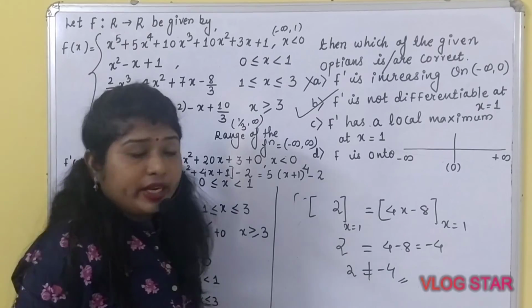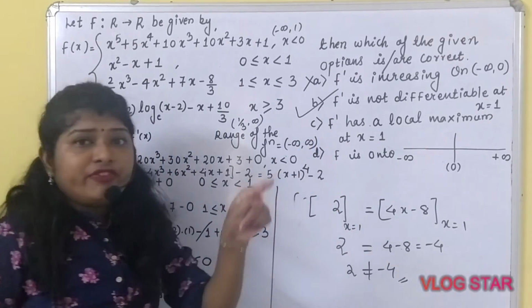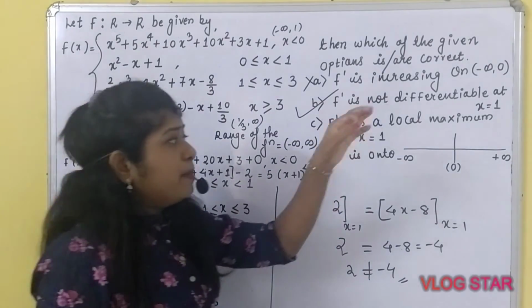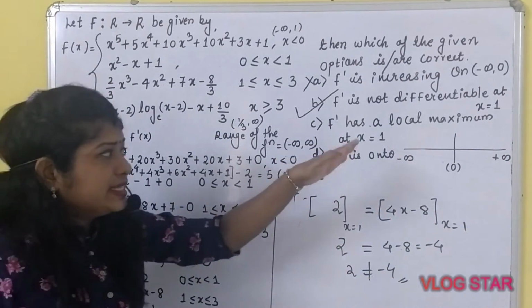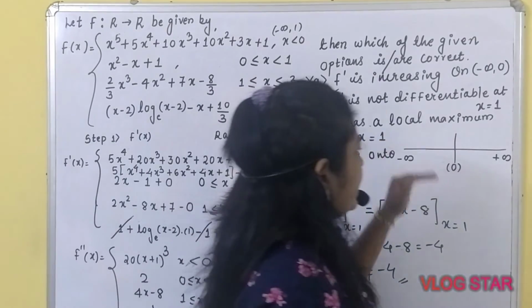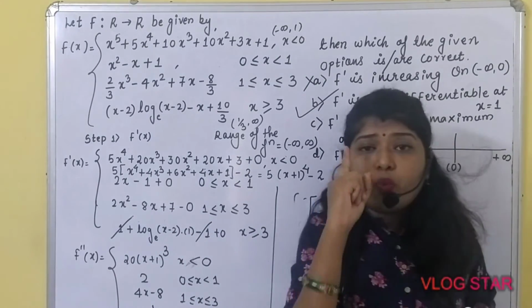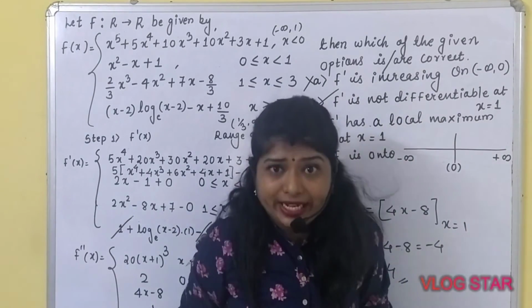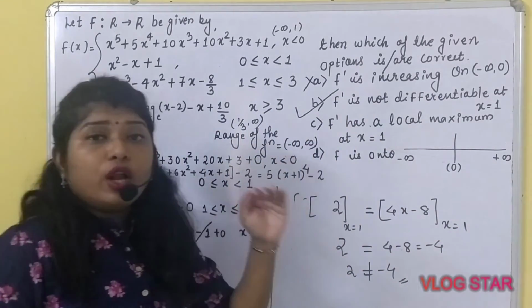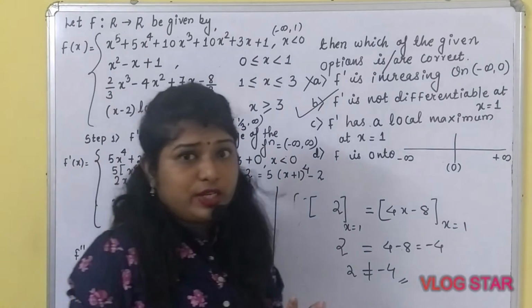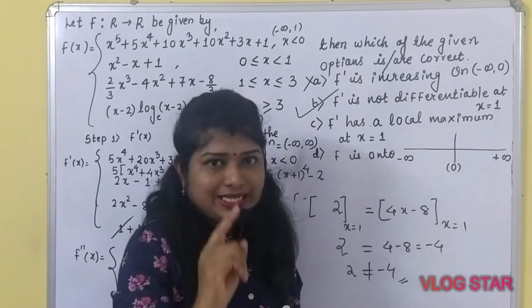Now we need to check whether the given function is a local maximum or local minimum at x is equal to 1. This is very important. With the help of one statement, you can easily find out whether the given function is local maximum or local minimum at x is equal to 1. You have to remember one statement.